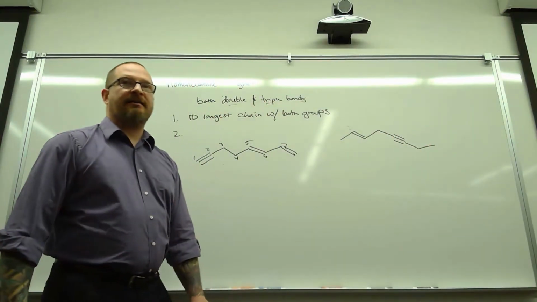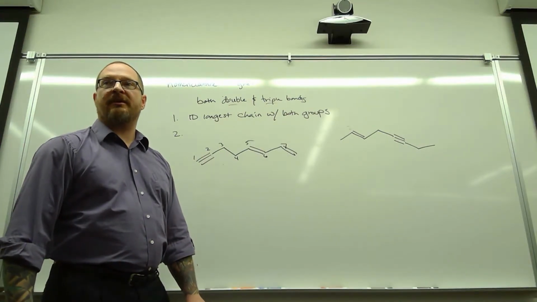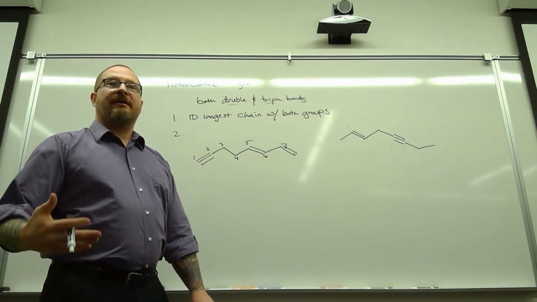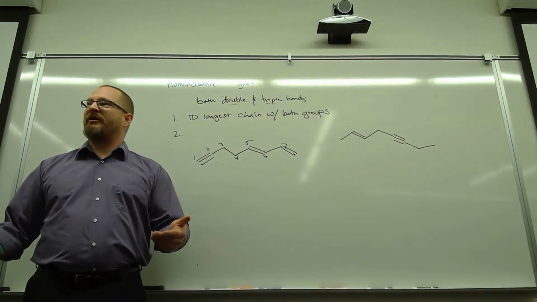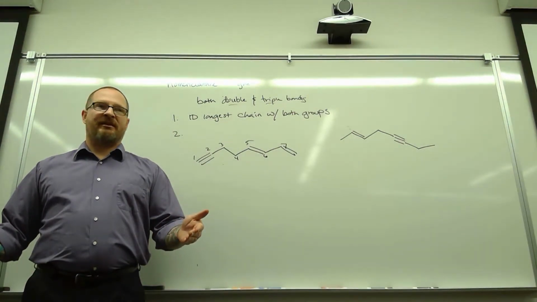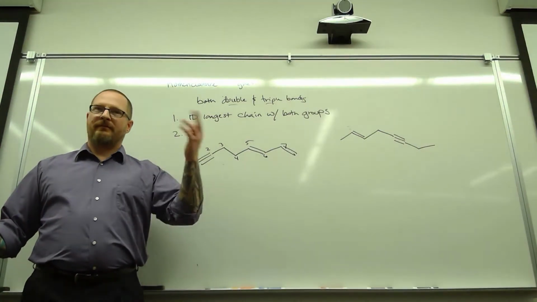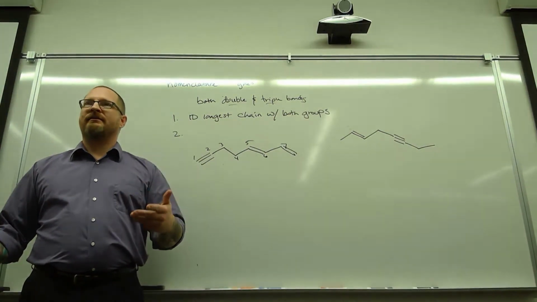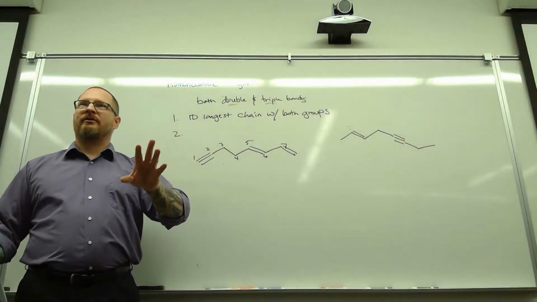So we've got an octenyne, because it just has a double bond and a triple bond. If you get confused with this stuff, just think of a double bond with a triple bond as an ene and a yne. You just kind of get used to saying enyne for these scenarios. It'll help dictate which one goes where.